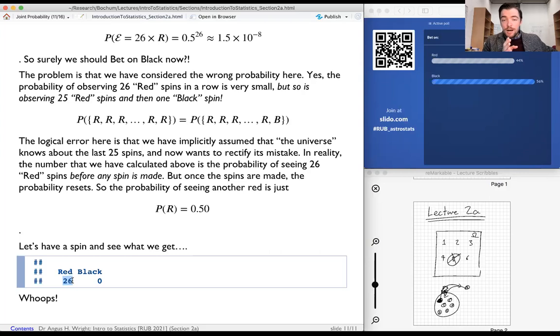We were essentially applying a sense of memory to our outcomes when, because they are independent, absolutely no memory exists. So that's where we're going to end today.